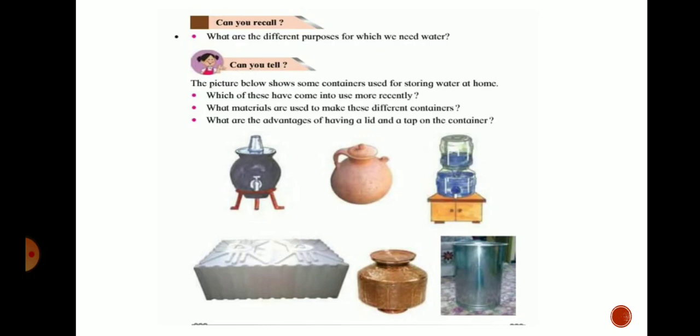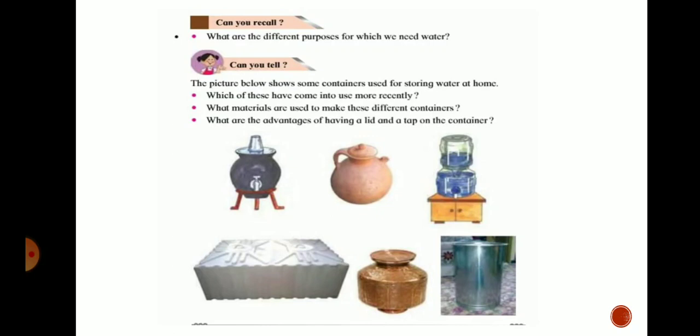Now can you tell, children, the picture below shows some containers used for storing water at home. Which of these have come into use more recently? So here is a plastic tank and a steel tank, and that filter has come into use more recently.